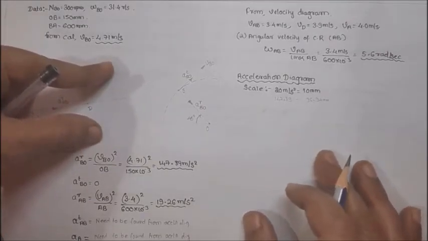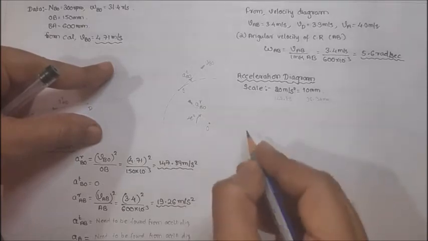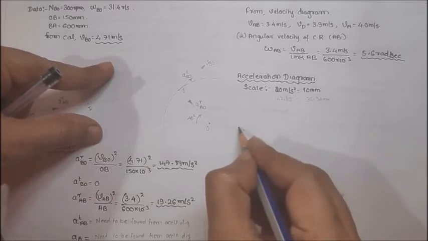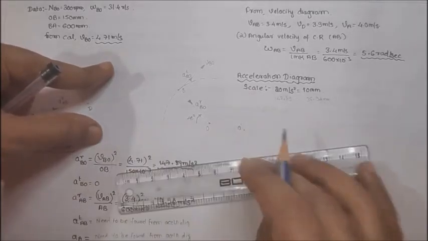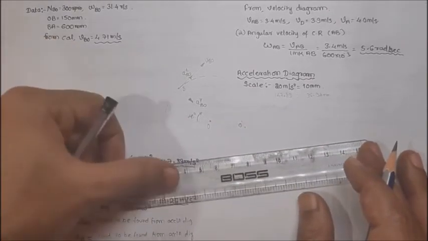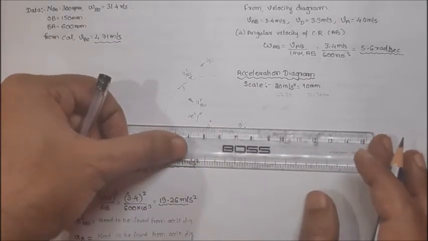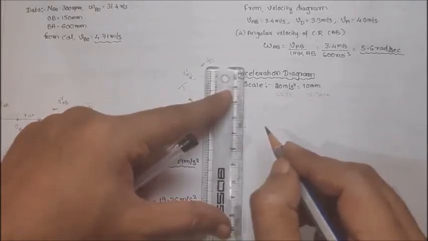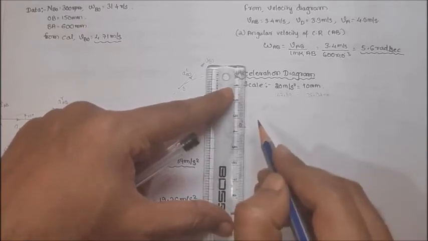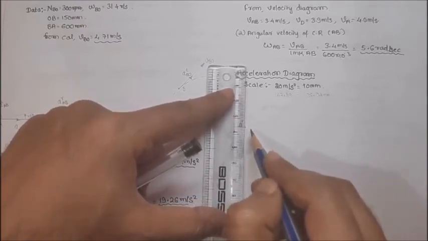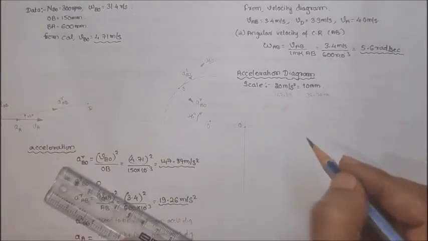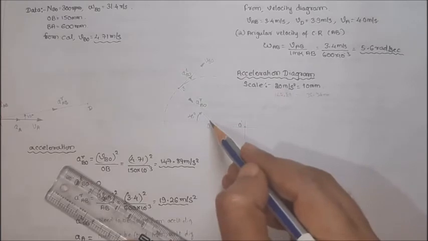Next, what we have to do is take the grid. So we'll take one convenient point and label it as O dash, and as we usually do, we'll draw the grid for this one. Now we have to draw from O dash.